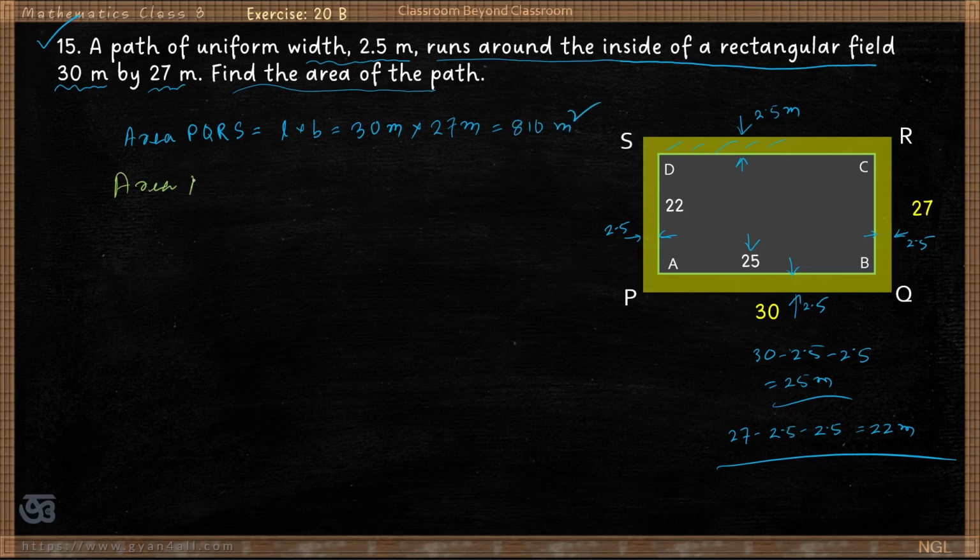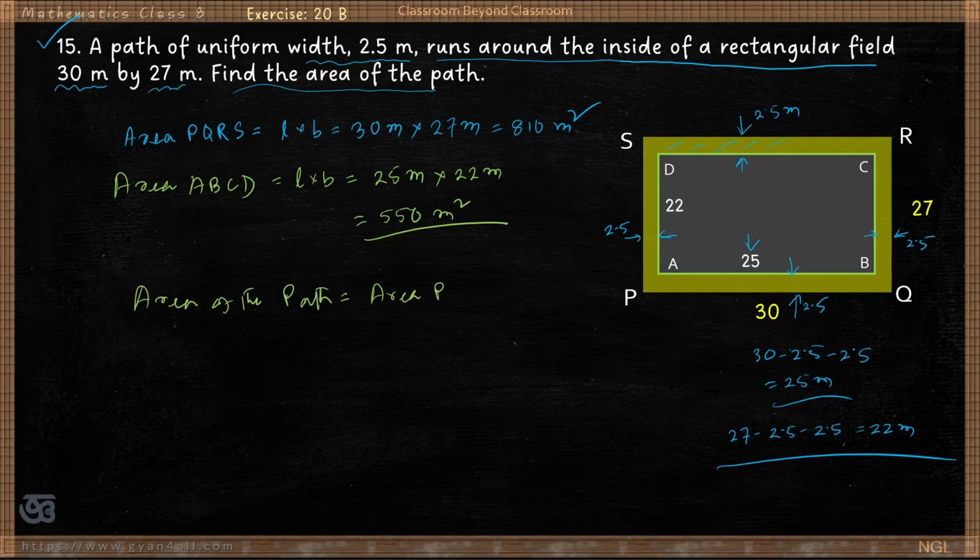Then area of rectangle ABCD is equal to L into B again, and this time length is 25 meters and width is 22 meters, and that is equal to 550 meter square. So area of the path is equal to area PQRS minus area ABCD. So that is equal to 810 minus 550 meter square. So this will be equal to 260 meter square.